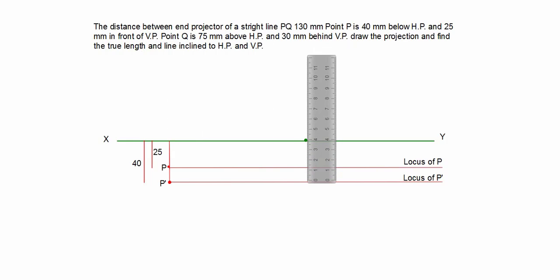So your point Q is given 75 mm above HP. So our point above HP means projection is above XY line. Condition with HP, always there is an elevation point Q dash. So I mark the Q dash here.